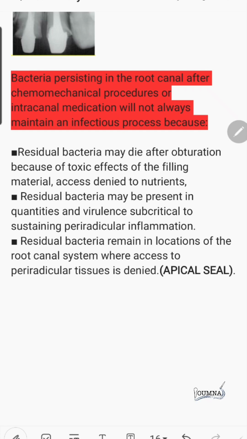The residual bacteria may be present in quantities and virulence subcritical to sustaining periradicular inflammation. The residual bacteria remain in locations of the root canal system where access to the periradicular tissue is denied. The apical seal prevents these bacteria from reaching the periradicular tissue.